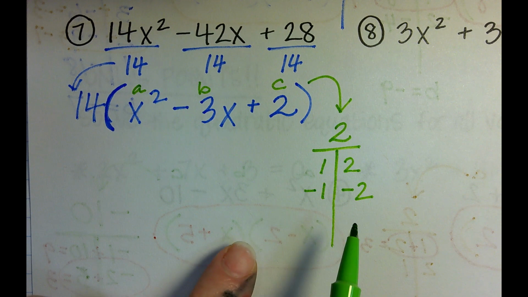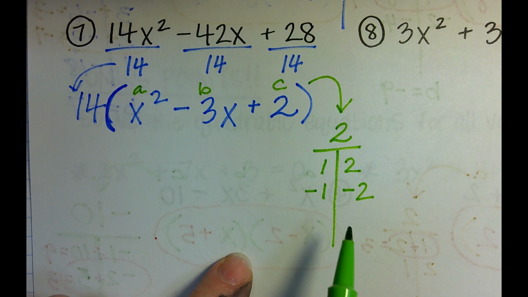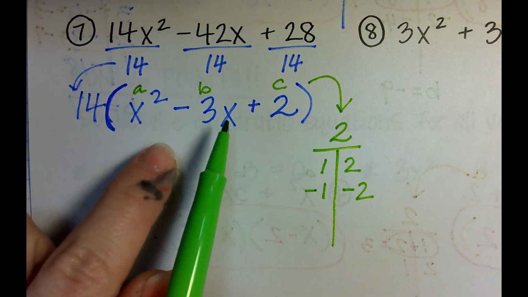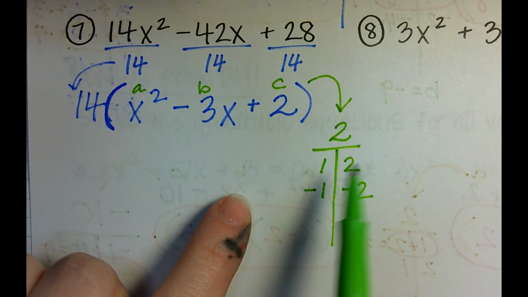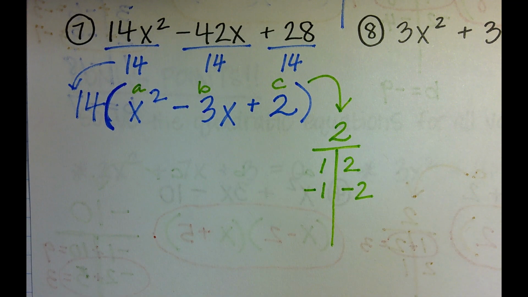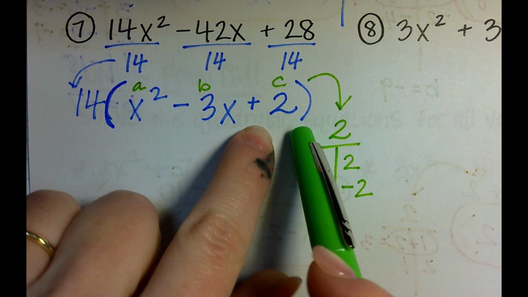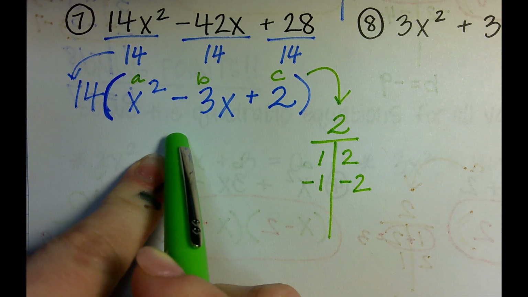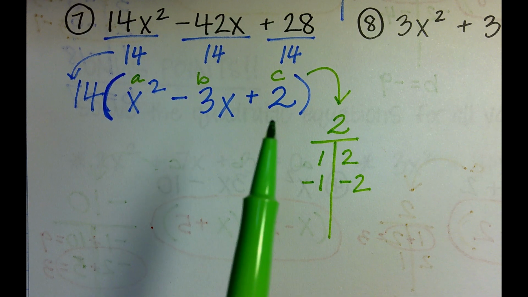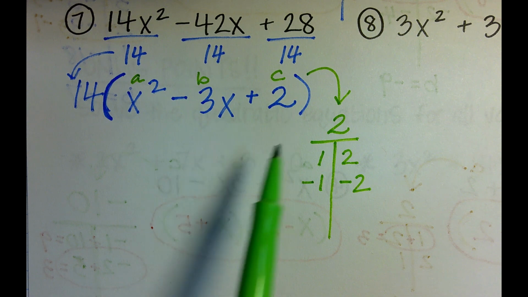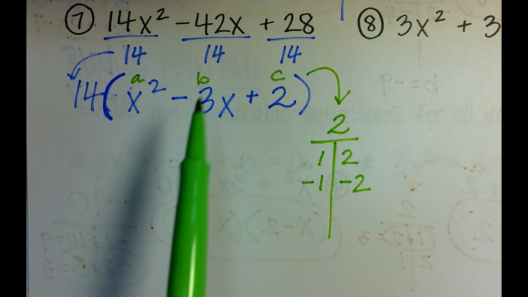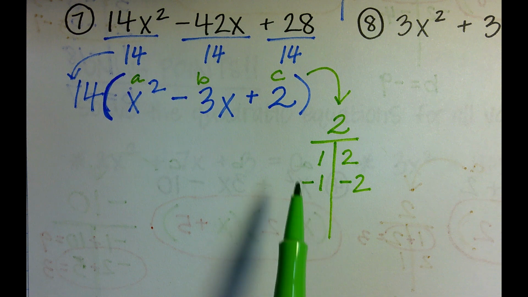But are we trying to get a -3? We're trying to add up to -3, but we're trying to multiply to +2. So the goal is to find what two numbers multiply to C and add to B. Because we have a negative B, we know that we're going to use the negative factors, right?